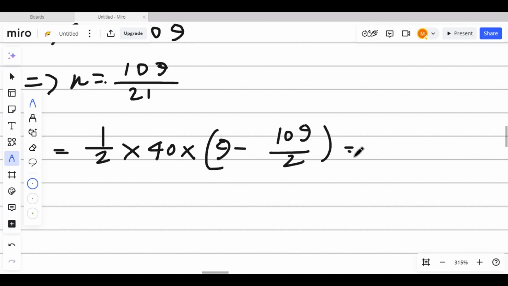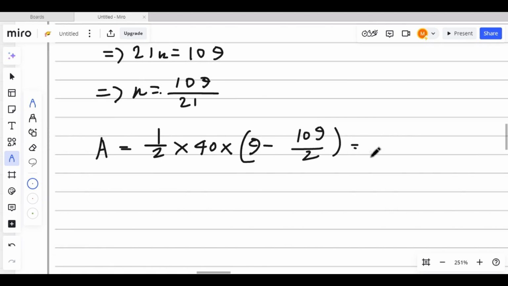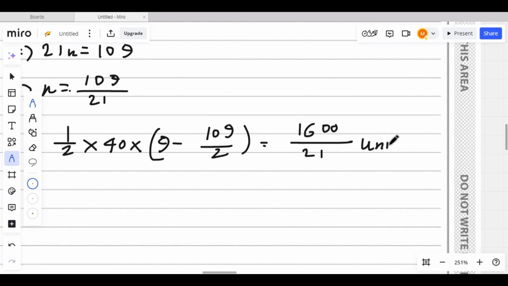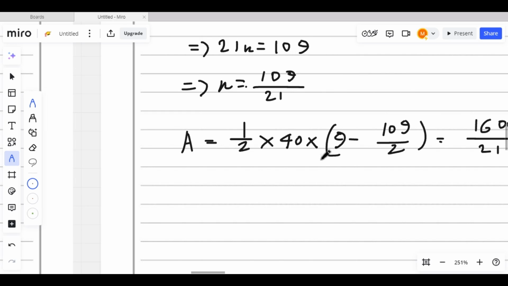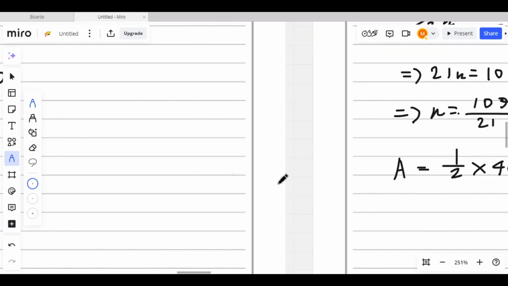So this is the area of the triangle. So you will get 1600 over 21 unit squared. So we got the area of the triangle.